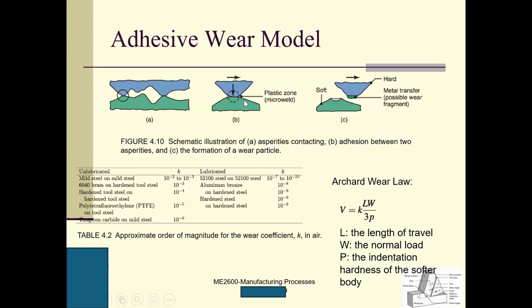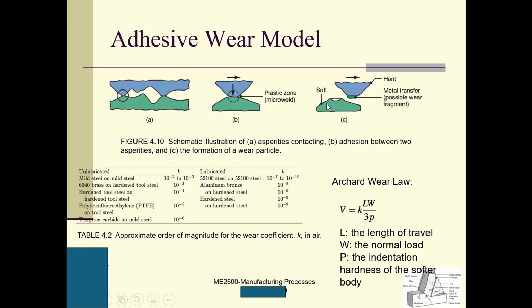So the adhesive wear model. Here is adhesive asperity contacting. This is called an asperity. So this is adhesion between two asperities, and we just focus on this circled area and the formation of a wear particle.